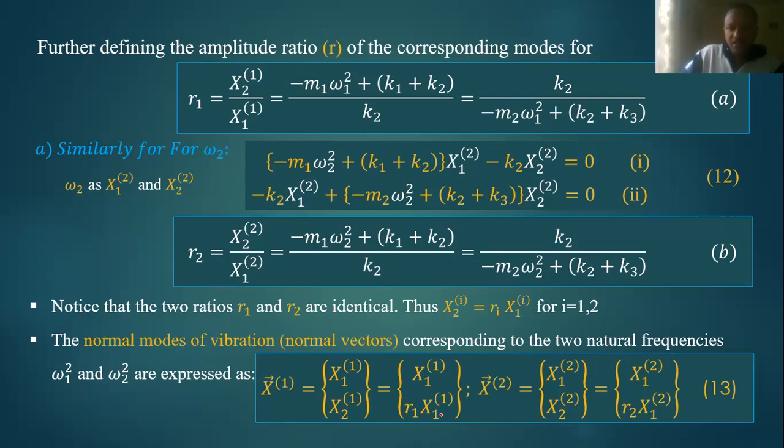So this X of 1 can be represented as 1, R1, times X1 of 1. This is the eigenvector representation. These are called eigenvectors. Here also the same thing.